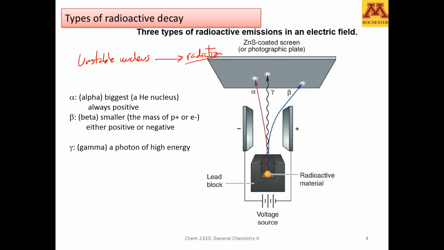So what kind of radiation can it emit? It can emit alpha, beta, or gamma particles. And in terms of alpha, beta, and gamma, as you go down, the mass is lower, so alpha, the most massive, is actually a whole nucleus of helium, 2 protons and 2 neutrons. And gamma is just a photon.